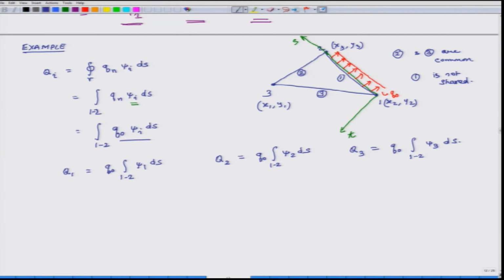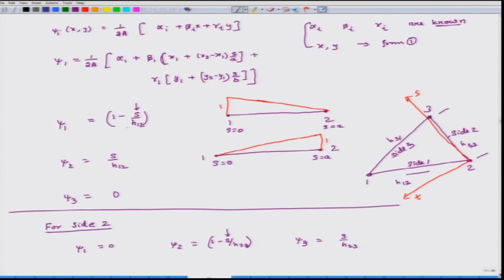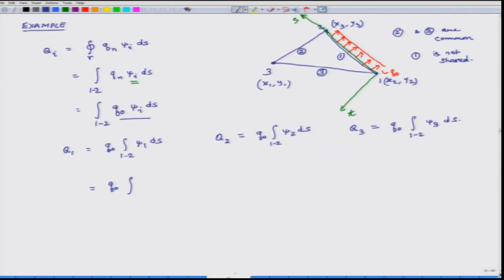And what is psi 1? Psi 1 is, we had just calculated, 1 minus s divided by h12, the element length, right. So, it is 1 minus s divided by h12 ds, and this is equal to q naught times the integral from 1 to 2.